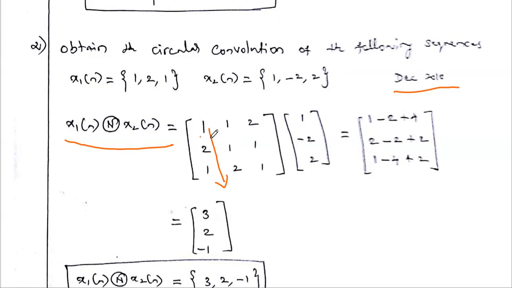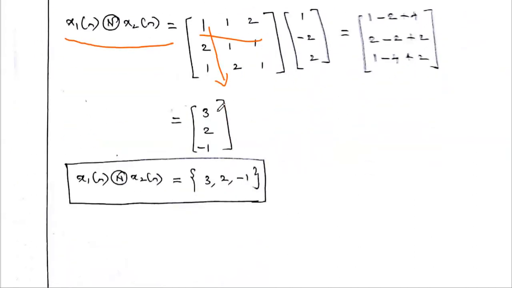You multiply the first row with the first column, we will get 1 minus 2 plus 4. Similarly, the second row multiplied with the first column, we will get the second data. Third row multiplied with it, we will get the third value. So finally, we got the result 3 comma 2 comma minus 1. So the circular convolution of these two sequences gives the result 3, 2, minus 1.